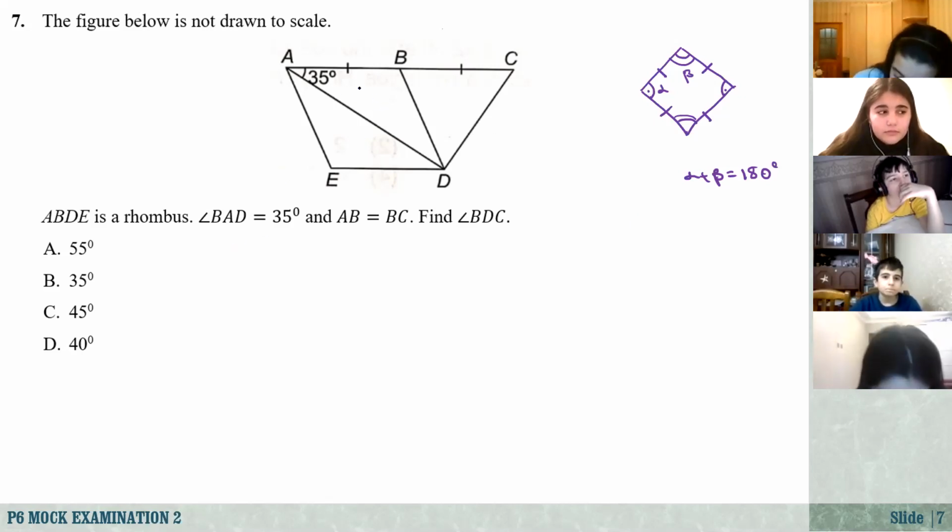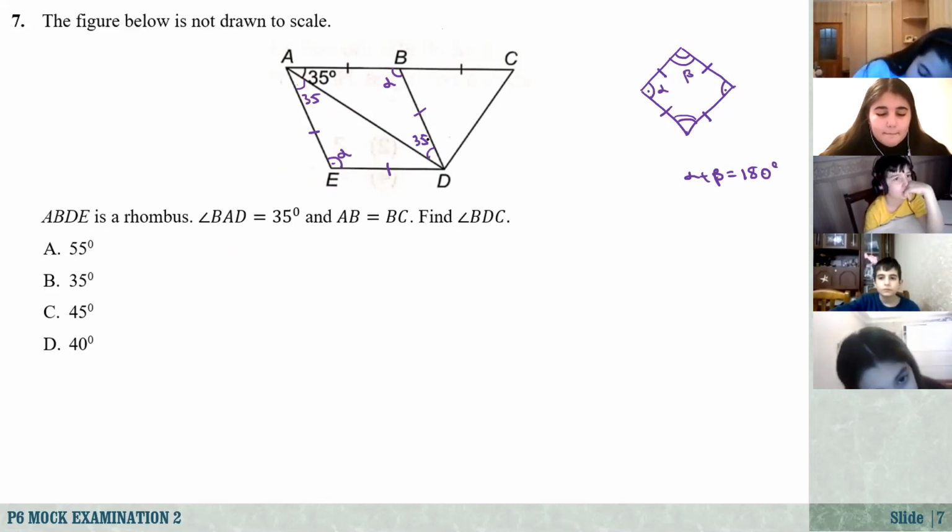Since ABDE is a rhombus, this side, this side and this side are all equal: AB equals BD equals DE equals AE. So if this angle is alpha, this angle should also be alpha. And if it is 35, this angle should also be 35 because it is symmetric, and this angle is 35, and this angle is 35.